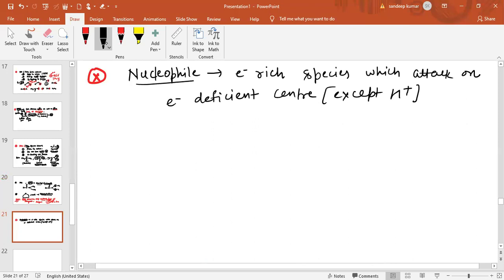Nucleophiles are electron rich species which attack an electron deficient center, except H plus ion.